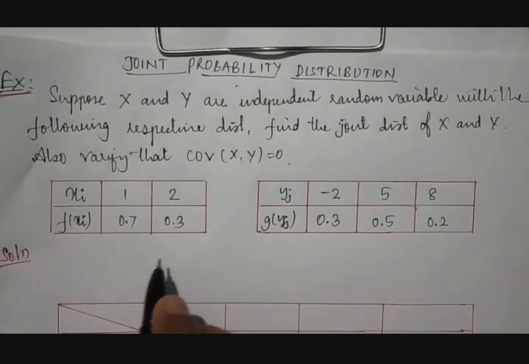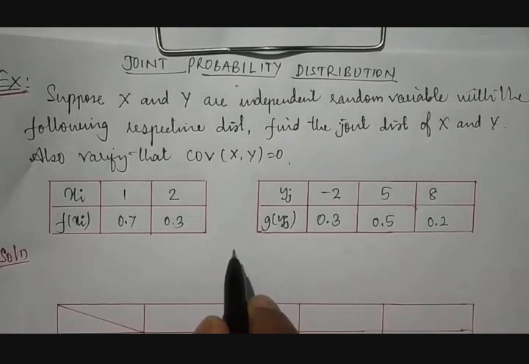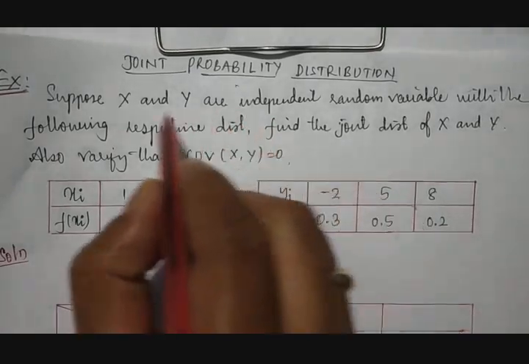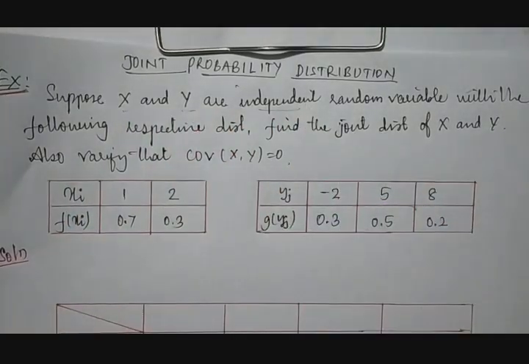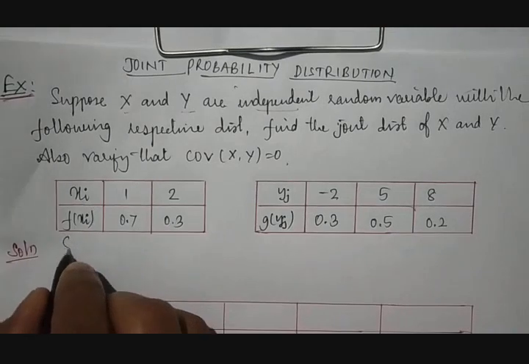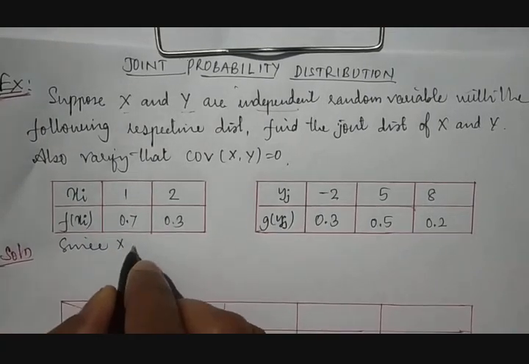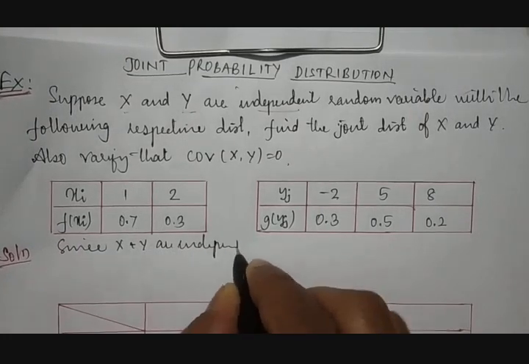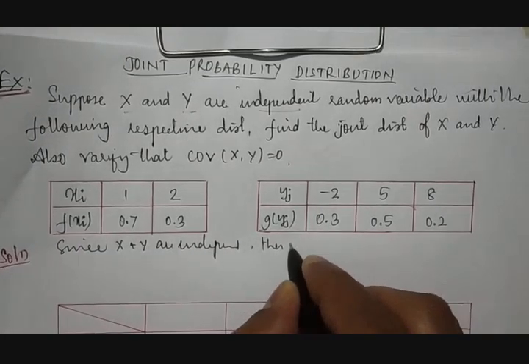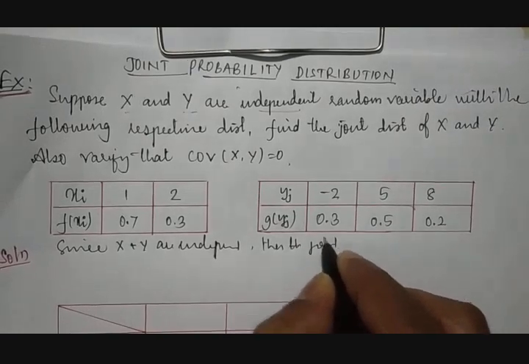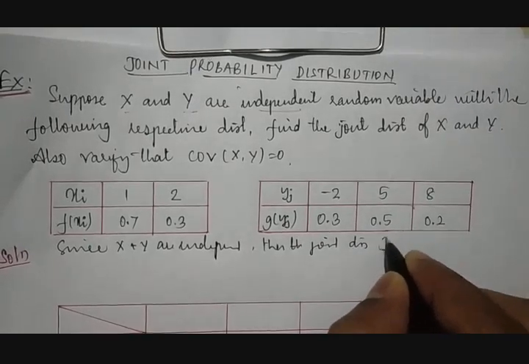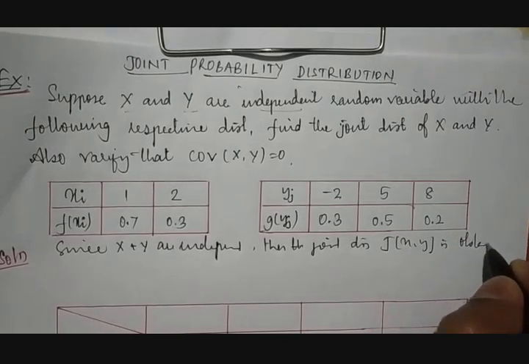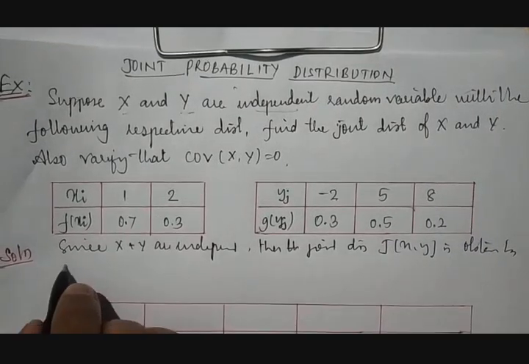Therefore, since x and y are independent, it is mentioned in the example itself. They said x and y are independent. Okay, therefore let us take it into consideration. Let x and y be independent. Then the joint distribution will be taken like g of x comma y, obtained by using the definition.